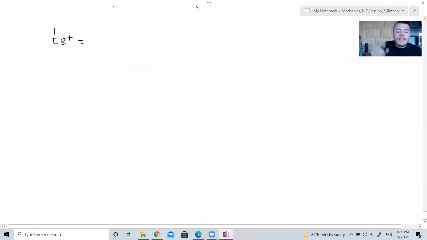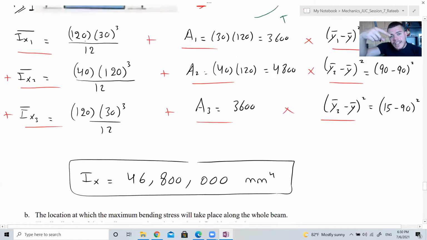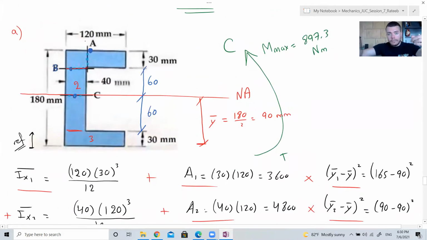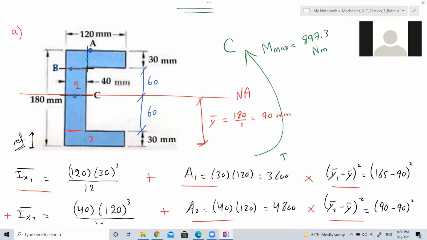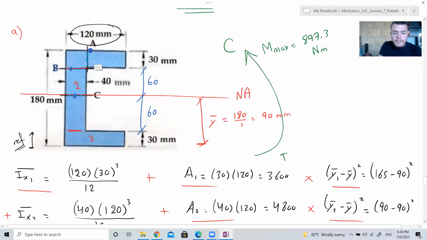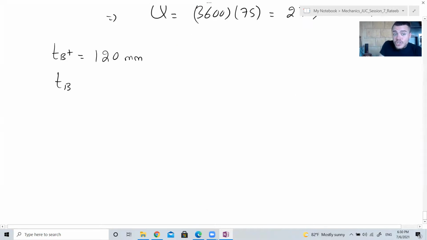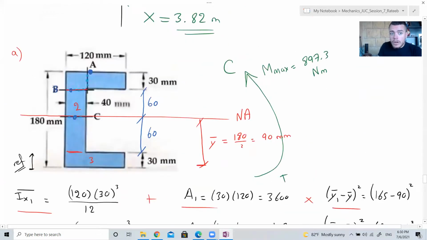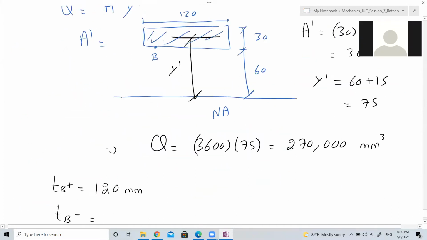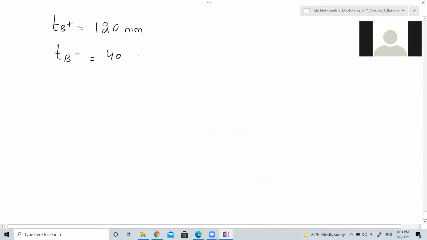Now, what's the thickness at B just above? 30? No, it's the horizontal thickness: 120. Just above it's 120. And now you can find the thickness just below: 40.